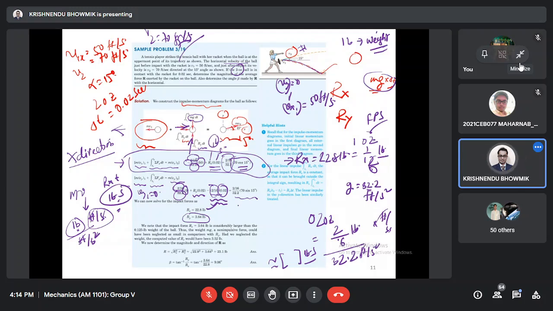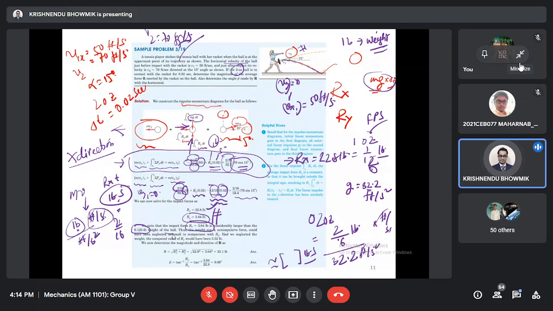3.64 pound. Here you have to be careful that we note that the impact force is 3.64 pound, which is considerably larger than 2 by 16, that is 0.125, the weight of the ball. Thus weight mg can be considered as a non-impulsive force and could have been neglected as compared with Ry.